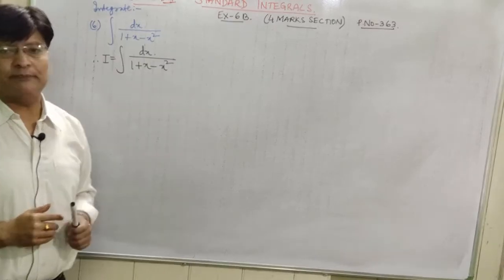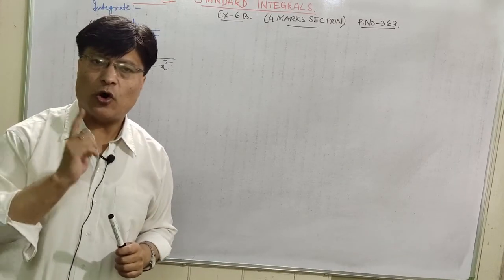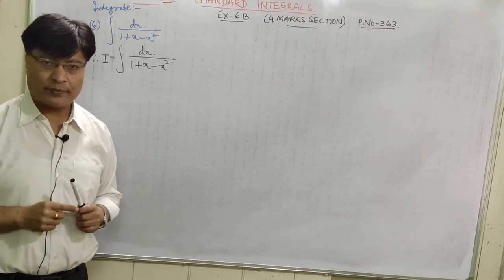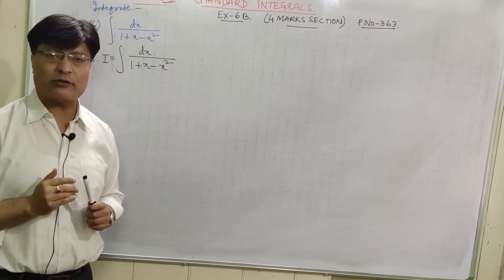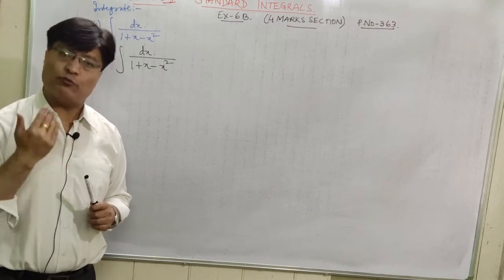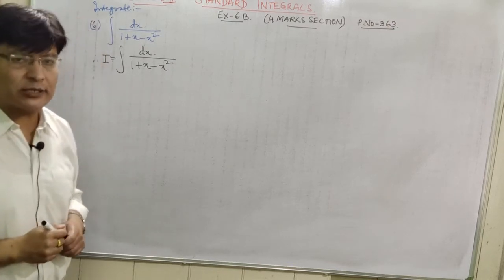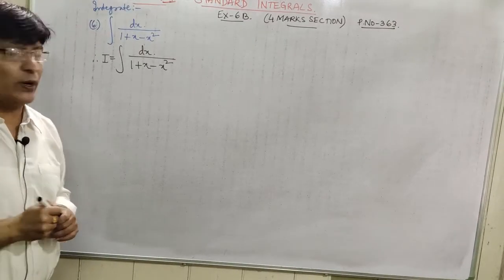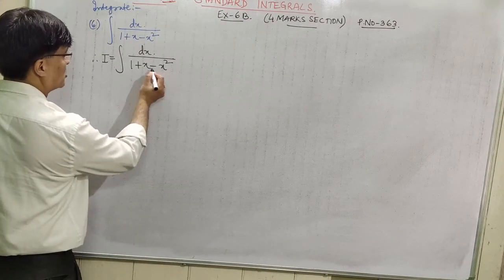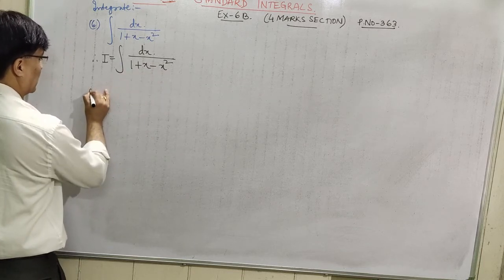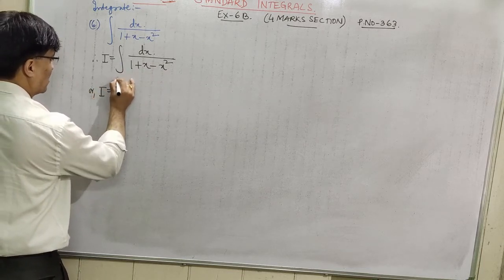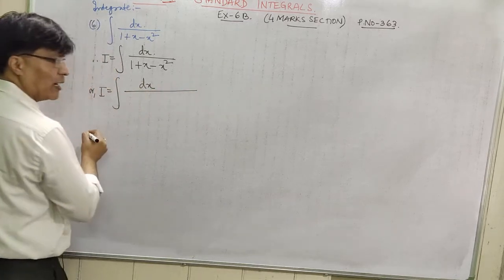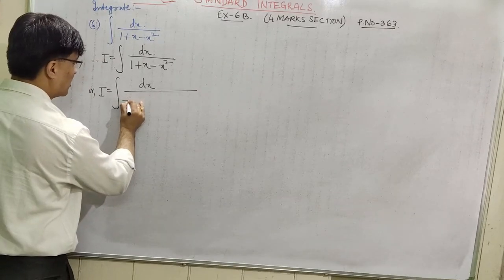Before that, always make the coefficient of x square positive 1. If it is minus, you have to take the minus sign common and make it positive 1. Then you have to convert it into perfect square form. x square is there, x is there, 1 is there. So I is equal to integration of dx divided by minus taken common.